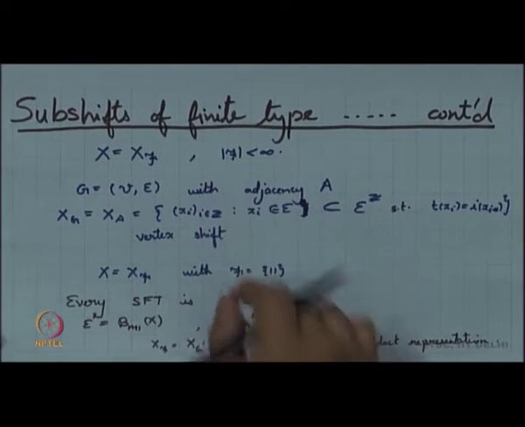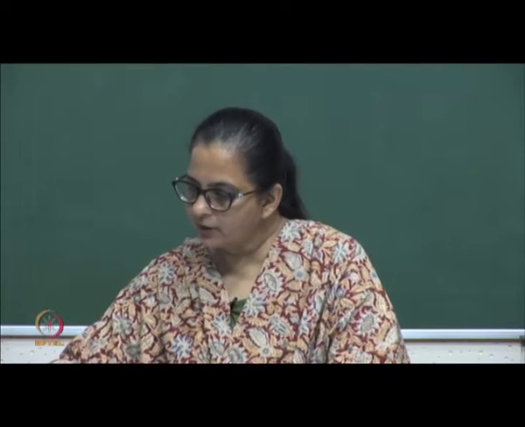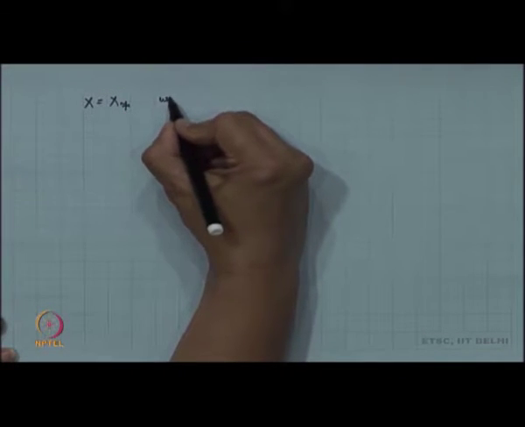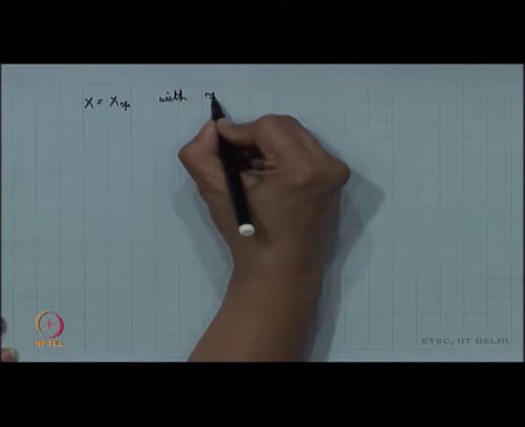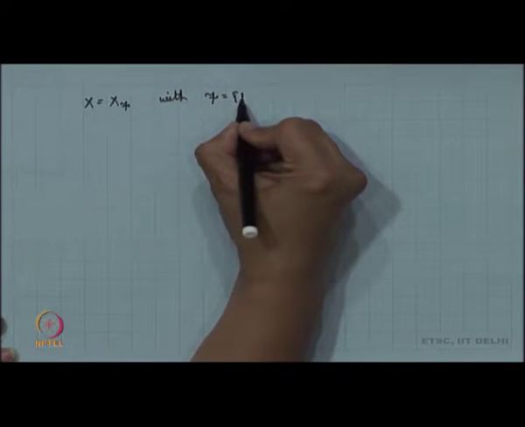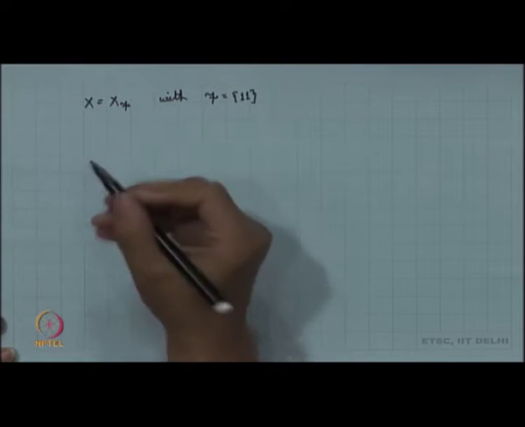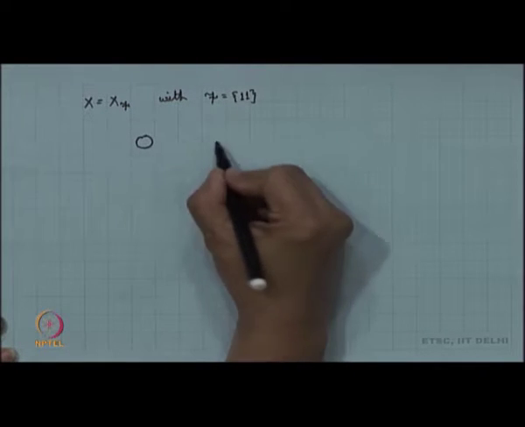Let us take the case of the same example here. Again we have our subshift of finite type, X equal to X_F, with F being the block 11. Now, what happens in this case is we can think of two vertices here.